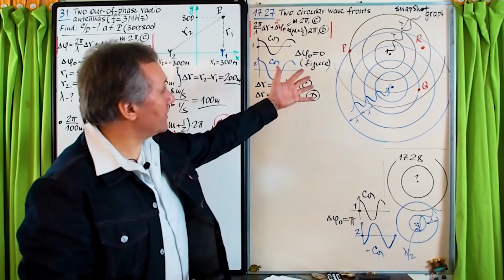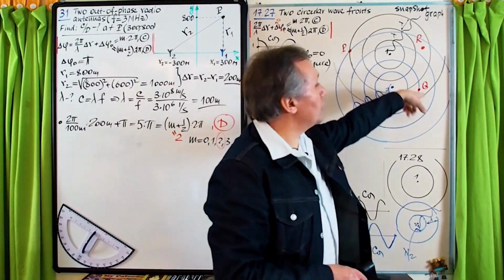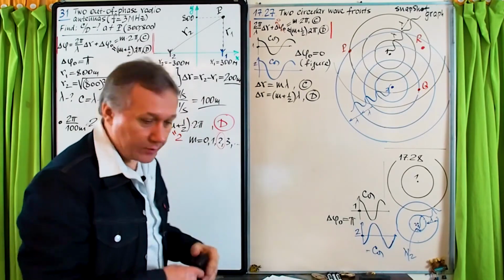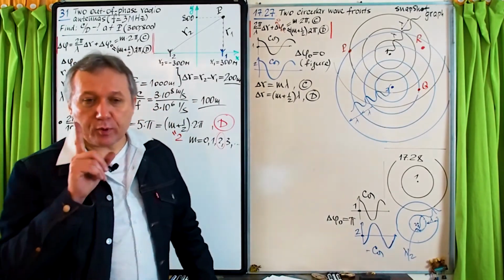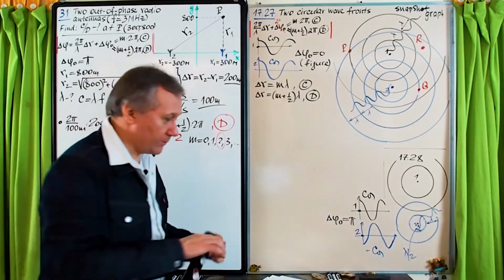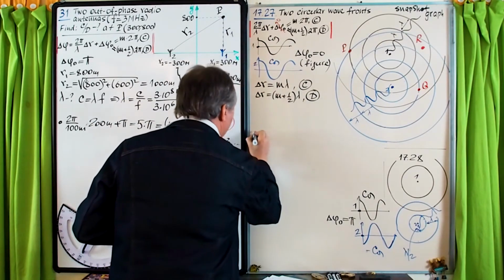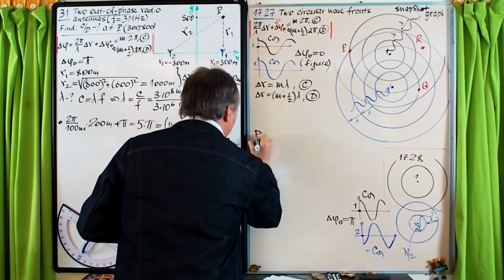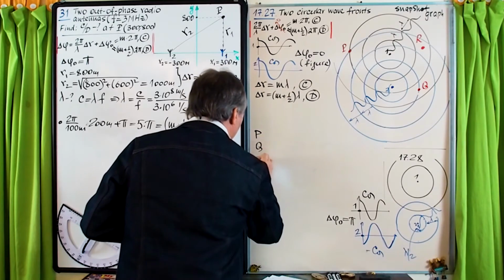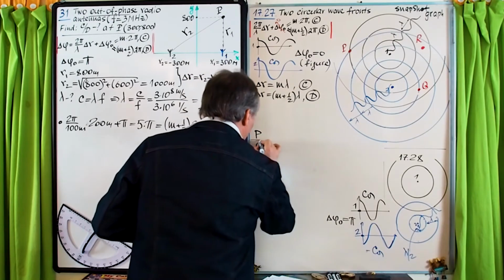Okay, so as I told you, we need to analyze these 3 points. So let's do it. The problem says, create a table. Probably I will write the table here: P, Q, and R, 3 points.